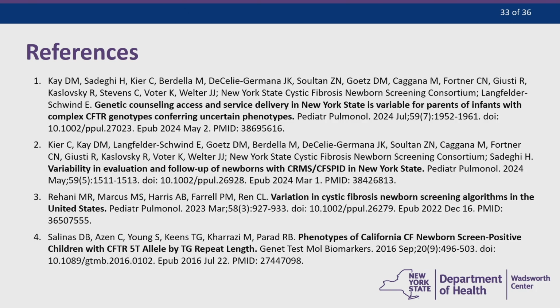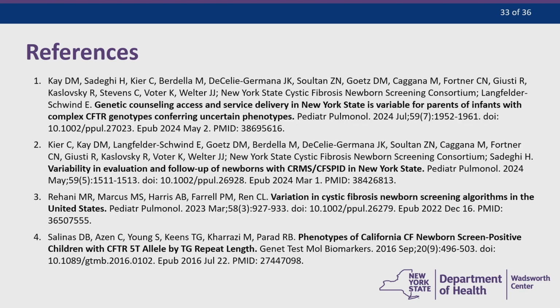The target of newborn screening that we are mandated to screen for is CF, not CRMS. I think in the beginning we had that fear of missing someone. I think now we've collected data that says those babies that we're identifying are not benefiting from newborn screening and having this CRMS diagnosis at birth.